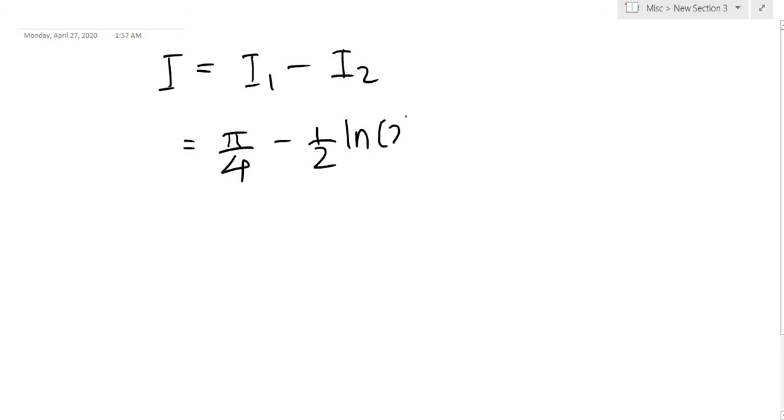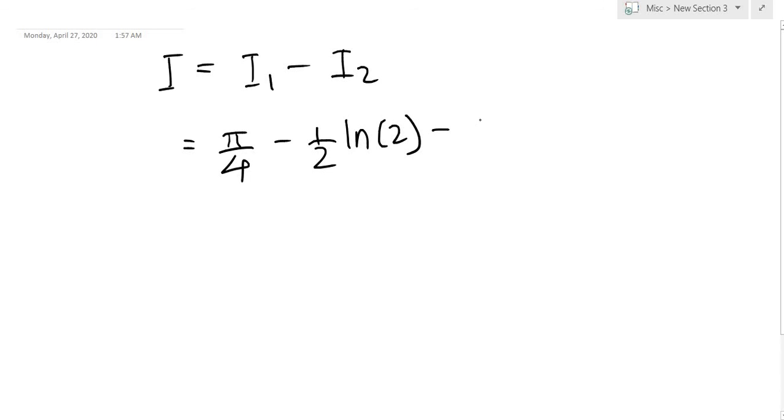So what was our original integral I? It was I1 minus I2, right? If you remember the result of I1, we had pi over 4 minus half of the natural log of 2, and then minus I2.